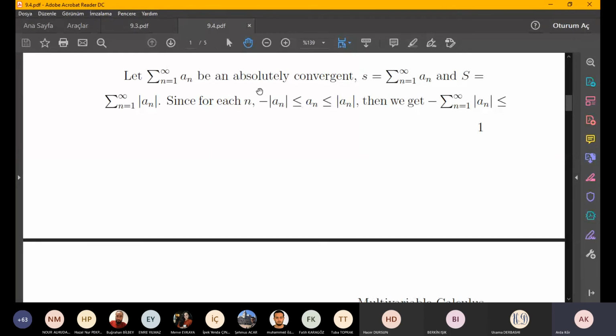And for each n, which is a positive integer, we have this inequality: minus the absolute value of a_n is smaller than or equal to a_n, which is smaller than or equal to the absolute value of a_n.